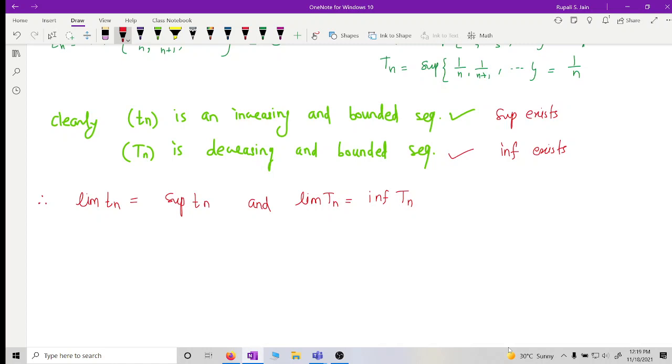Now define the limit as n tends to infinity of small tn, which is nothing but supremum of tn, and that is nothing but the supremum taken over n greater than or equal to 1 of infimum over k greater than or equal to n of ak. Is that okay?